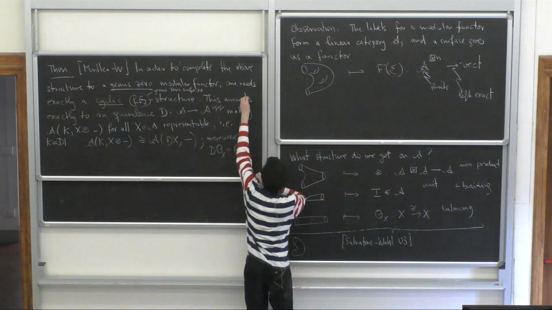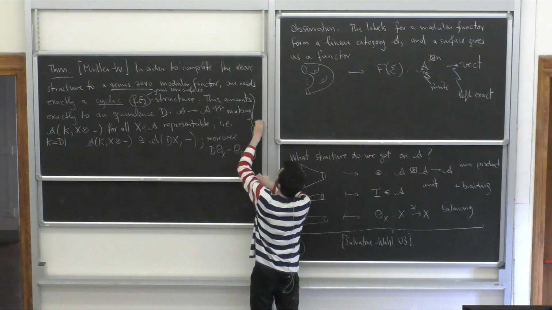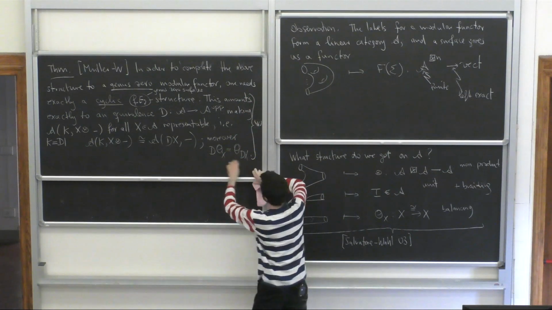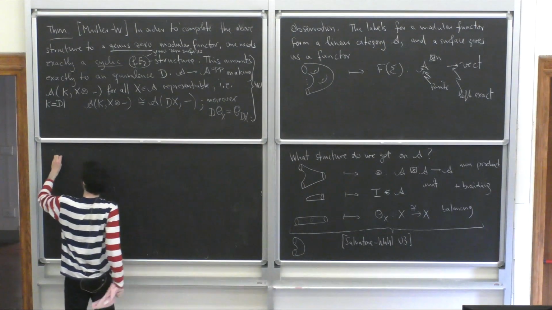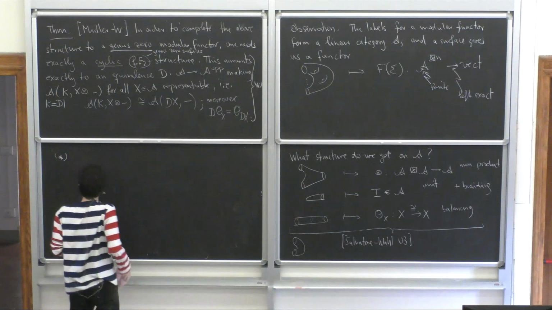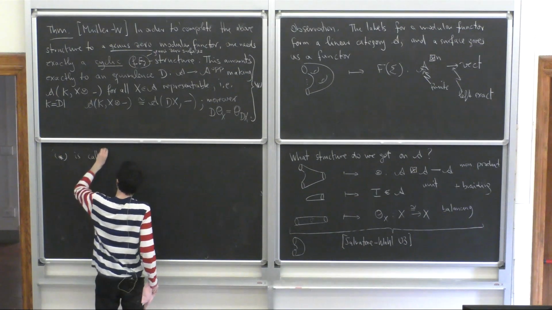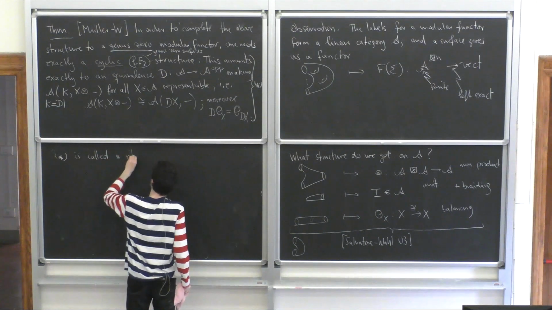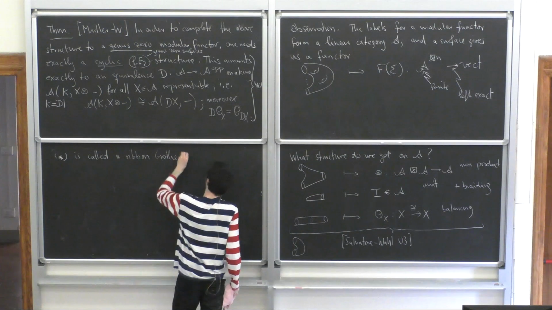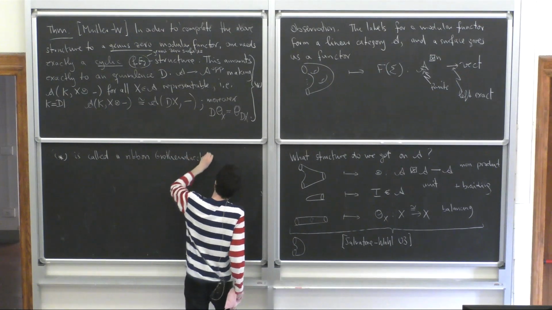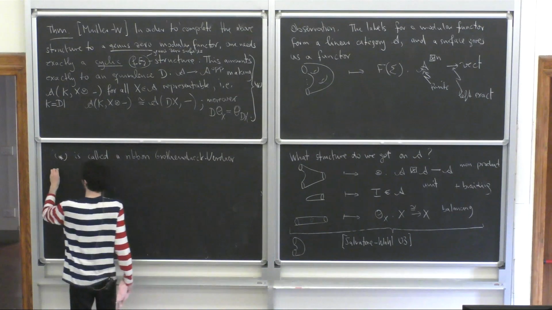So this whole thing where I've spelled this out, this D, and then the representability, but also this final condition here, this whole thing is called a ribbon Grothendieck-Verdier duality.